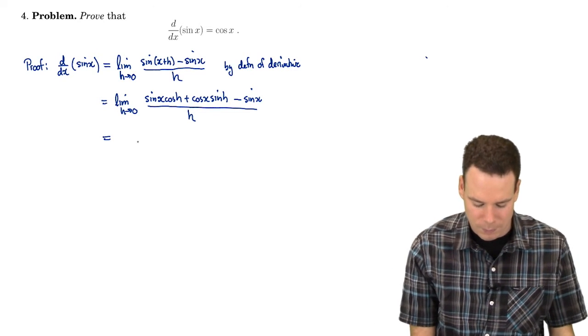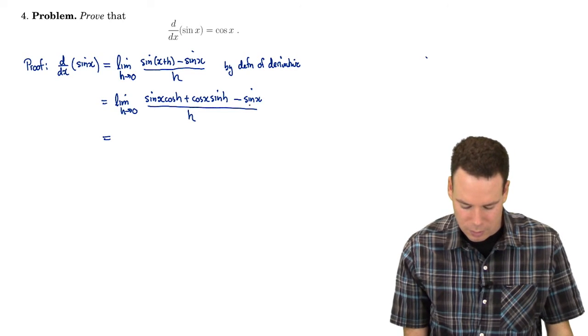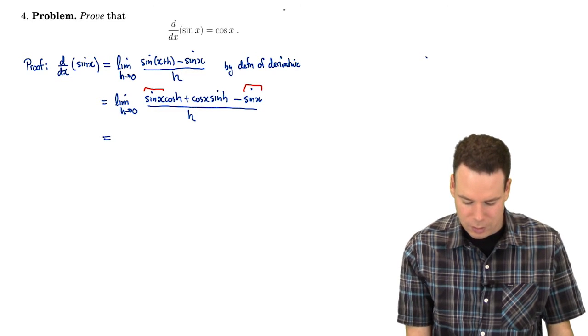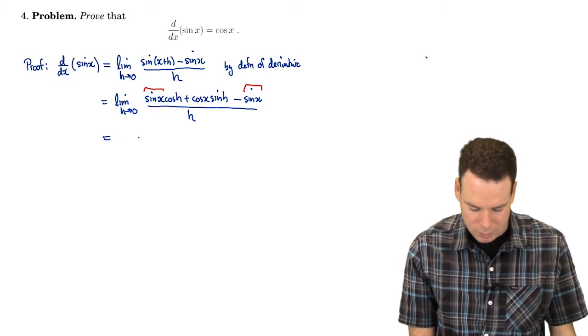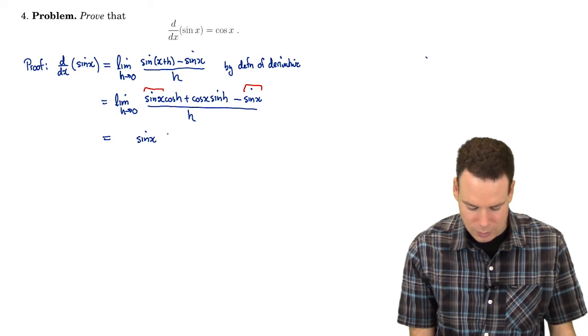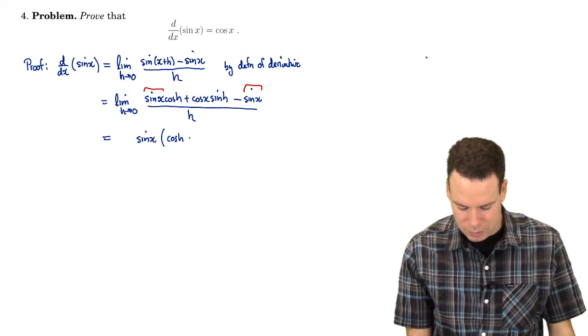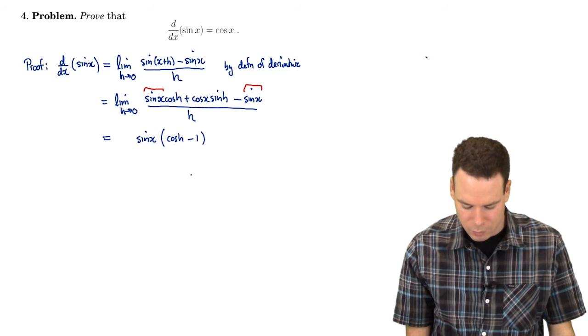Get it out front. Okay, so the thing to note here is that there's a sine of x and there's another sine of x, so maybe I should pair those ones together. If I take the sine of x, one of them was paired with the cosine of h, the other one was just by itself. So if I factor out, that leaves me a minus 1.